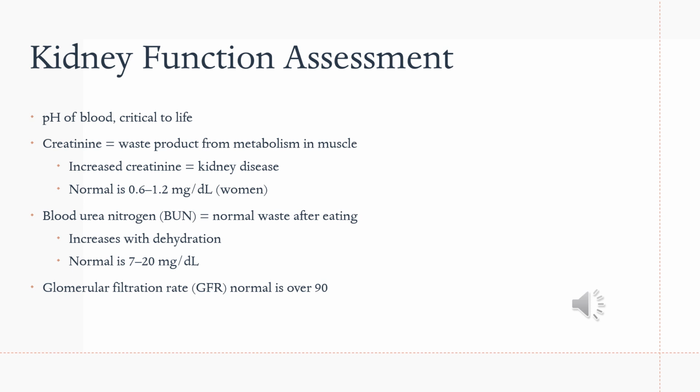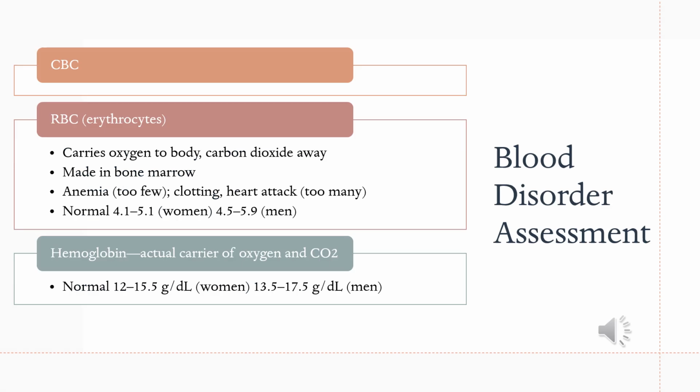When speaking about ranges, normal range of a creatinine is 0.6 to 1.2. A normal BUN is anywhere from 7 to 20. BUN will increase with dehydration, and a normal GFR is over 90, with younger people having a higher GFR and older people having a lower GFR.